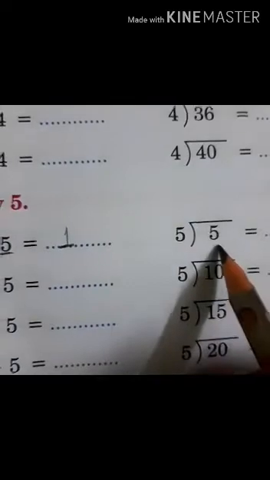In 1 time. So 5 divided by 5 is 1. In the same way 2 fives are 10. Then 10 divided by 5: in the table of 5, at which time will 10 come? In 2 times. So 10 divided by 5 is 2.